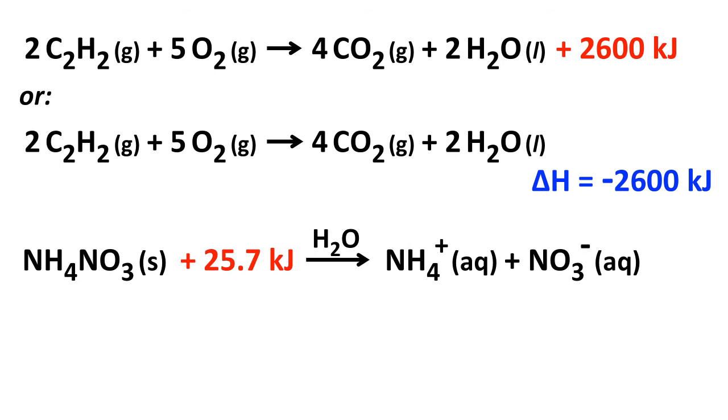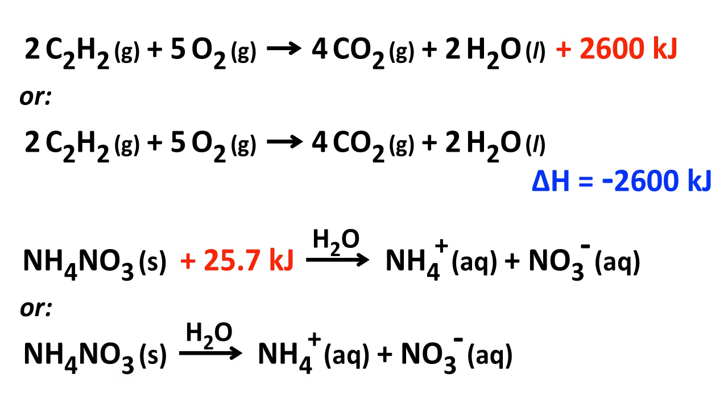And for the endothermic process, the dissolving of ammonium nitrate, which absorbs energy, we can rewrite this process with a delta H value, and the delta H value for this process is positive 25.7 kilojoules, and that just means that 25.7 kilojoules of energy are absorbed for this process to take place.